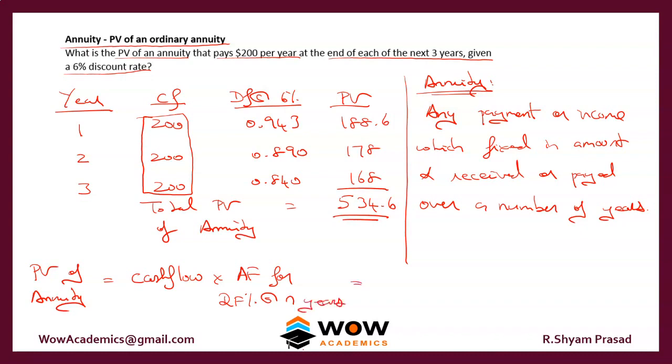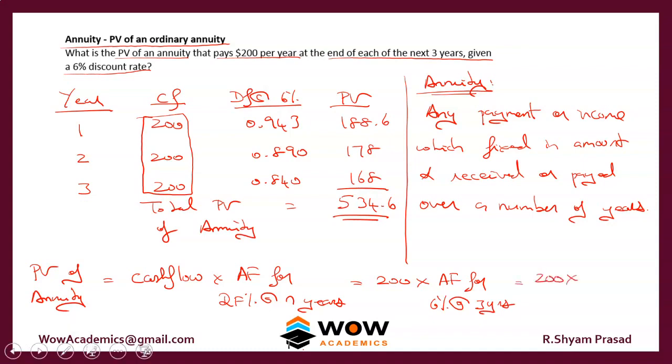Here the cash flow is 200, multiplied by the annuity factor for 6% at 3 years.